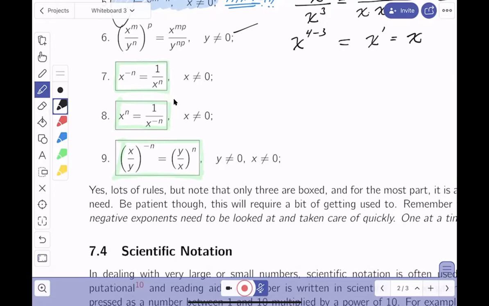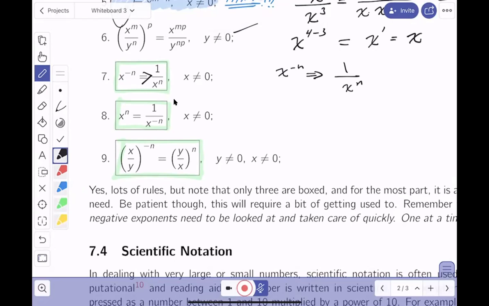If you see x to the minus n, you will immediately write this down as 1 over x to the n. Notice I got the arrow down that direction. What's the direction of the arrow? Get rid of the negative power. Put that in that direction. If you see this one, you are immediately to write down this one instead.